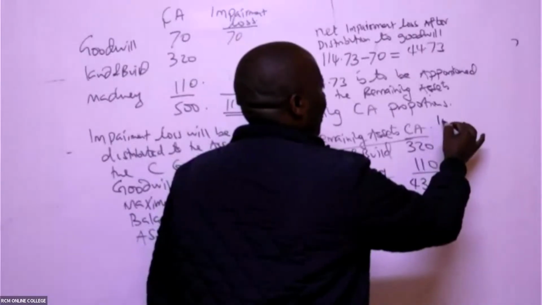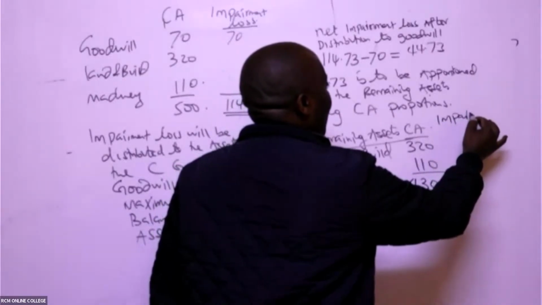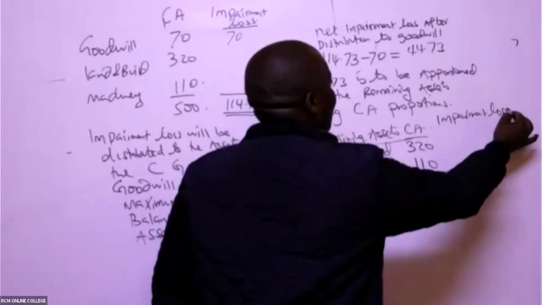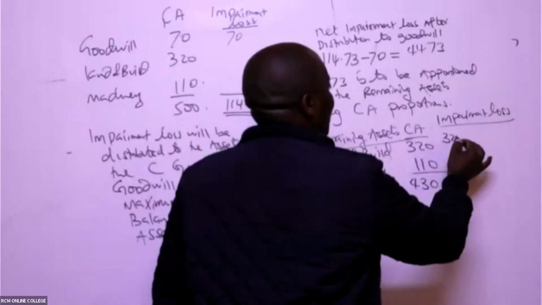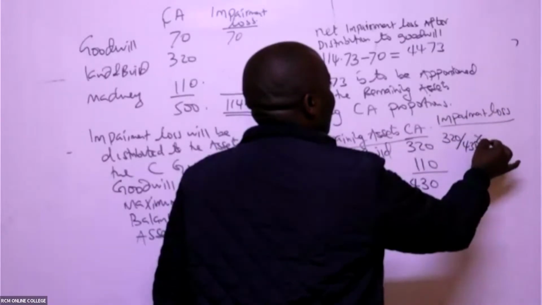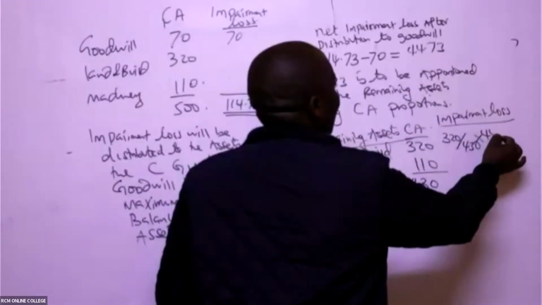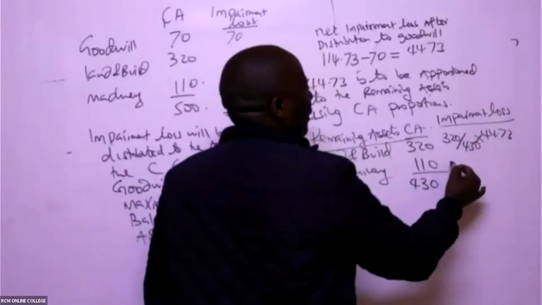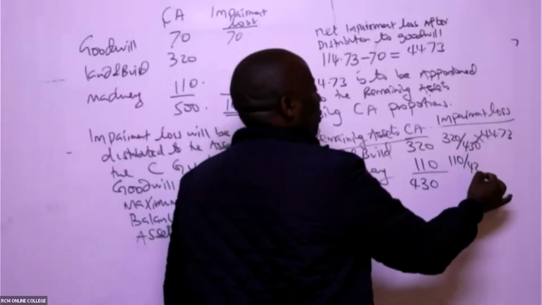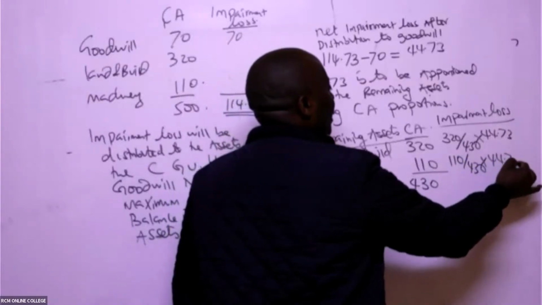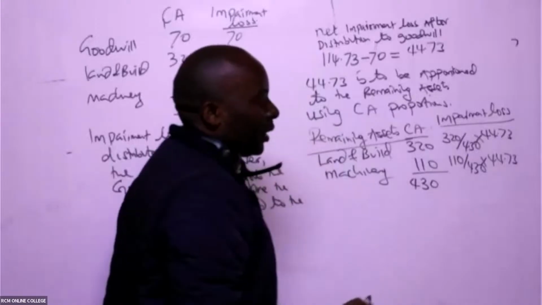So meaning that the impairment loss will be 320 over 430 times this remaining. This will be 110 over 430 times the remaining.